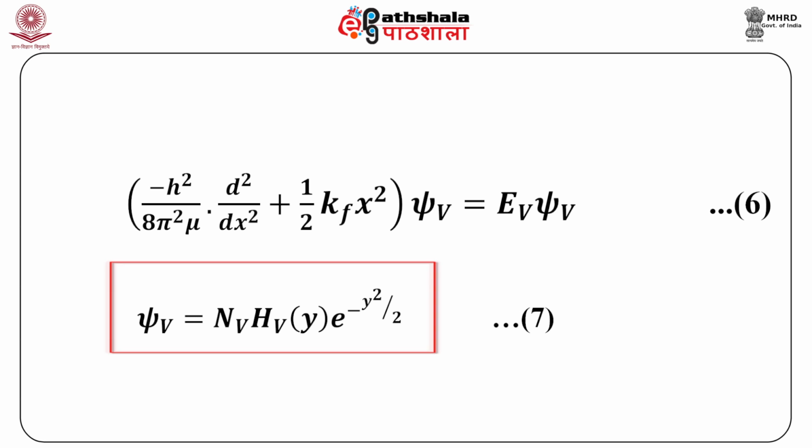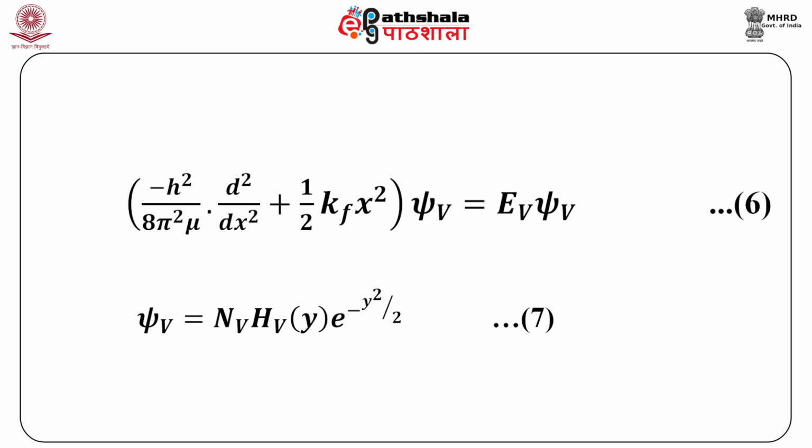If one solves this equation, we get two things. One is the vibrational wave function psi v, which is given by the expression shown in equation 7. Psi v is equal to Nv Hv(y) e to the power minus y square by 2.